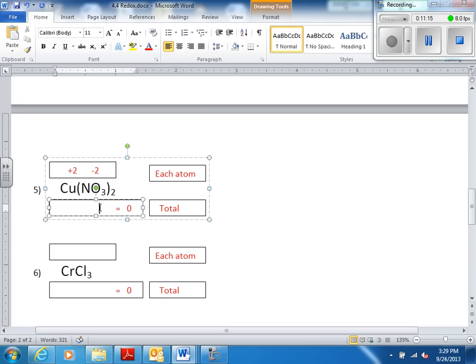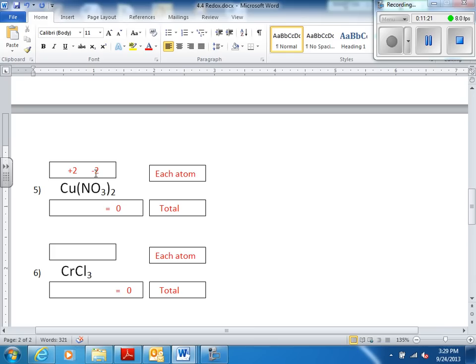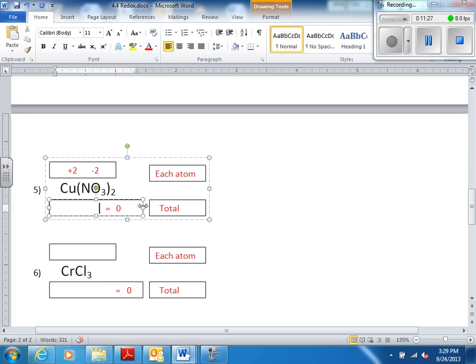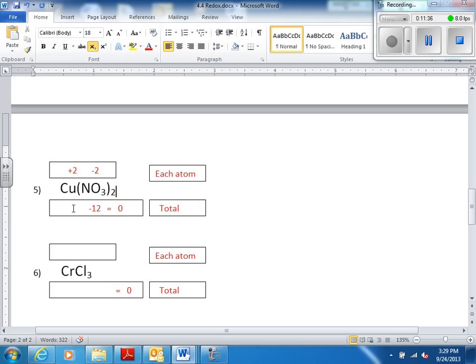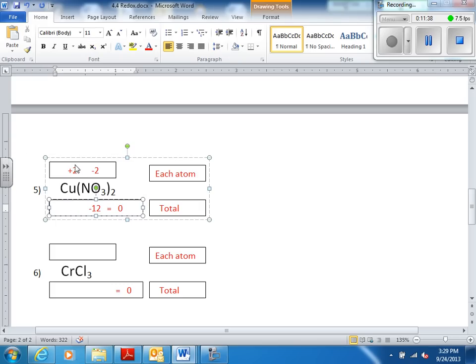Let's do our totals now, whatever we can calculate. So the total oxygen, let's see, oxygens are -2. I have 6 oxygens times -2 is -12. The oxygens are -12, the coppers are 2, and I have only 1 of them.